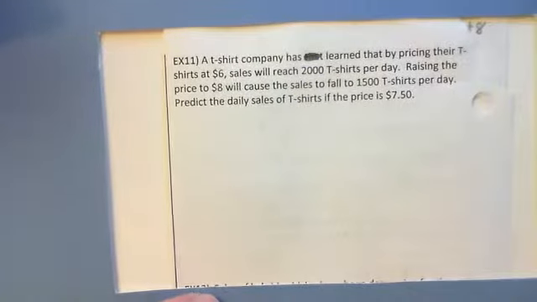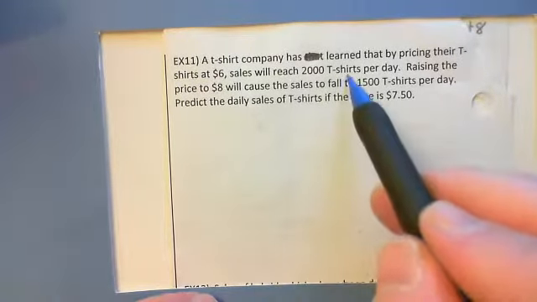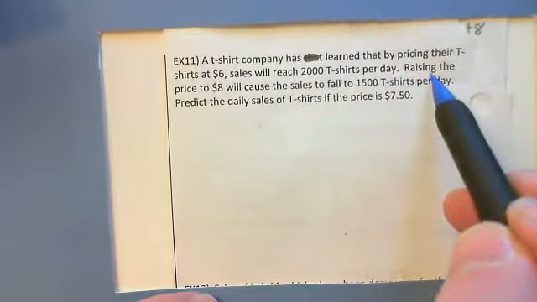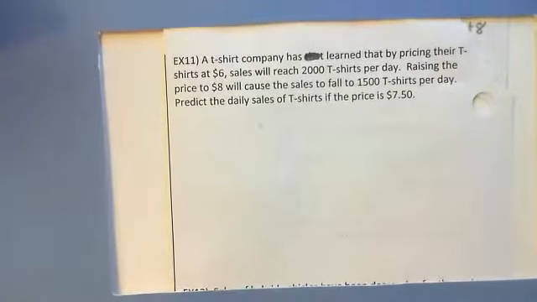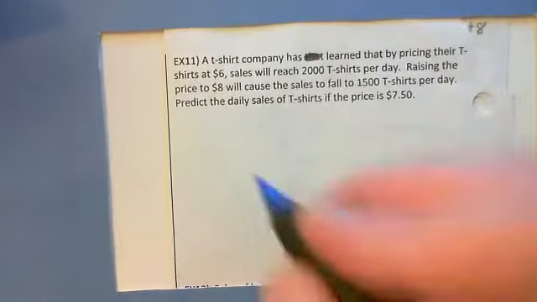A t-shirt company has learned that by pricing their t-shirts at $6, sales will reach 2,000 t-shirts per day. Raising the prices to $8 will cause the sales to fall to 1,500 t-shirts per day. Predict the daily sales of t-shirts if the price is $7.50.